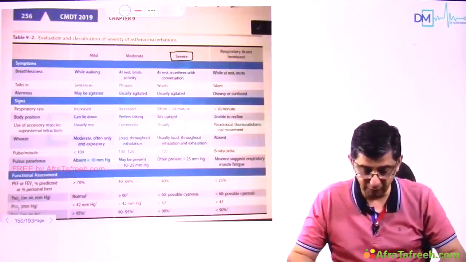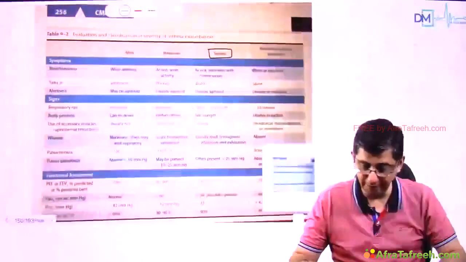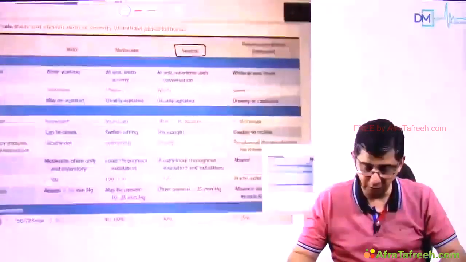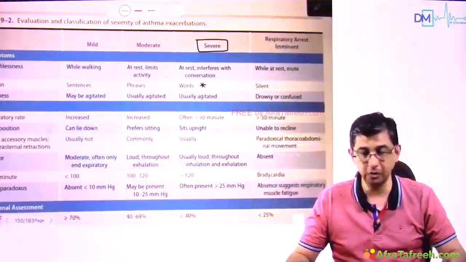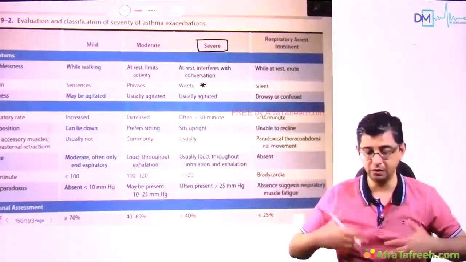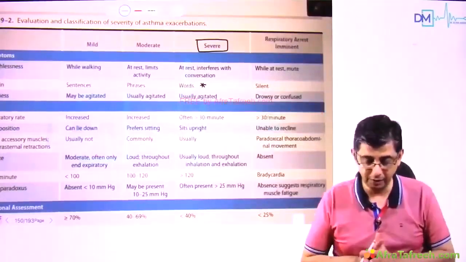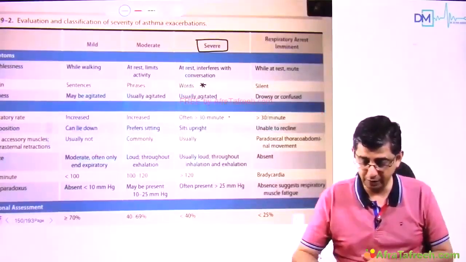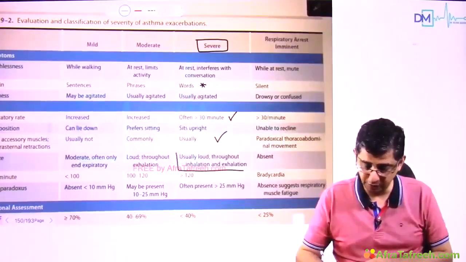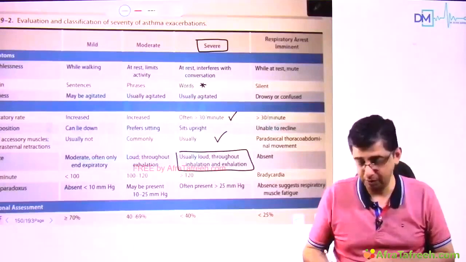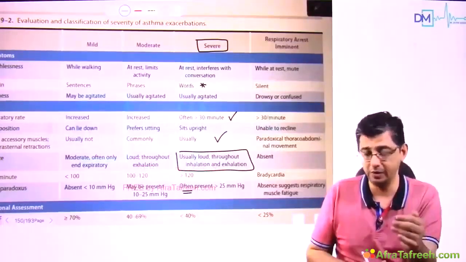If you notice that the patient is talking to you not in a complete sentence, but is rather talking to you in words, like he is signaling with his hand that I am not getting breath, then it is severe asthma. The respiratory rate would be obviously increased. Patient will sit upright. Loud wheeze would be present both in inspiration, expiration in a patient, and pulsus paradoxus is often present. Now remember my words, not always present in a patient.